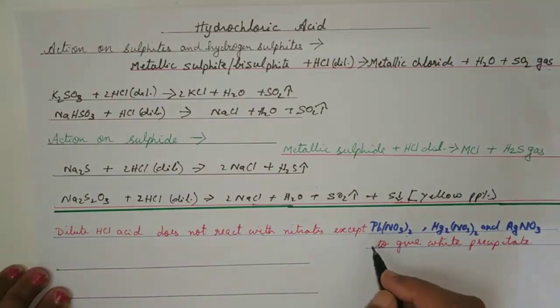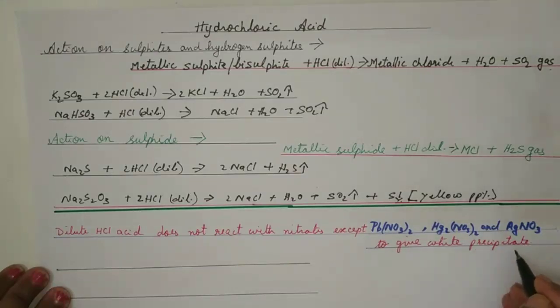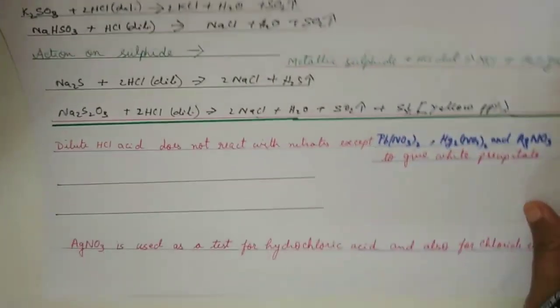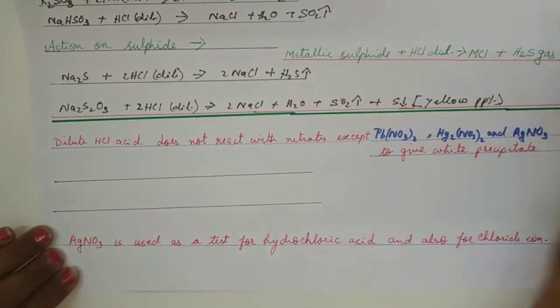And how do you get that? You will get a white precipitate when they react. Now I have put down the reactions here.